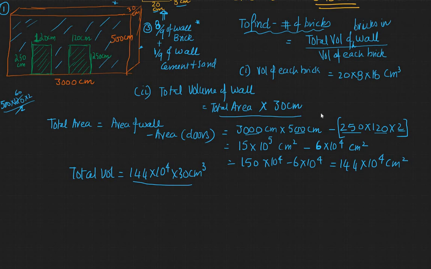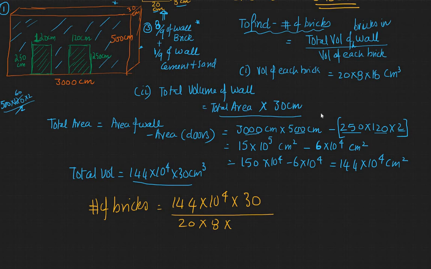Once you find out the total volume, we can find out the number of bricks. So you have 144 into 10 power 4 into 30 centimeter cube divided by 20 into 8 into 16. So now we can again try to cancel out things.